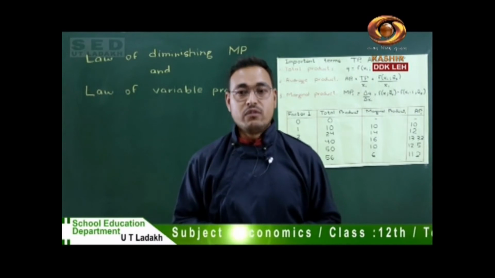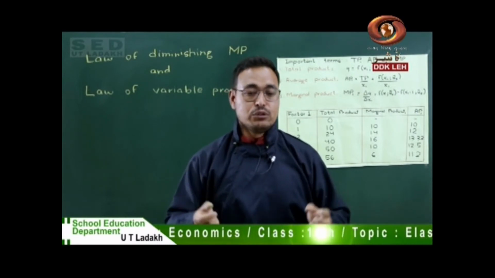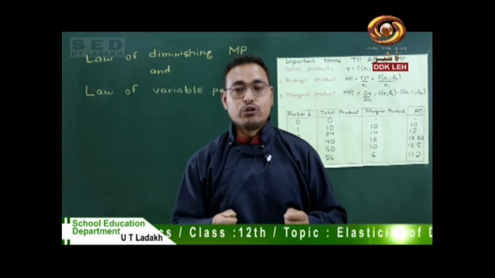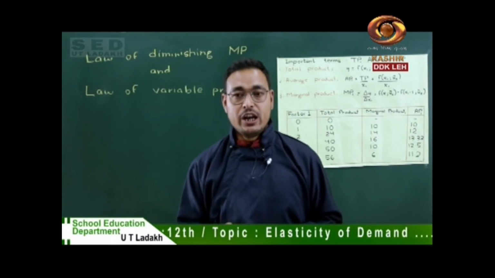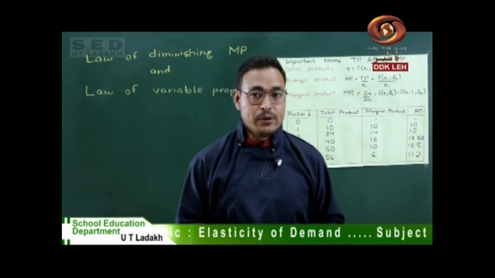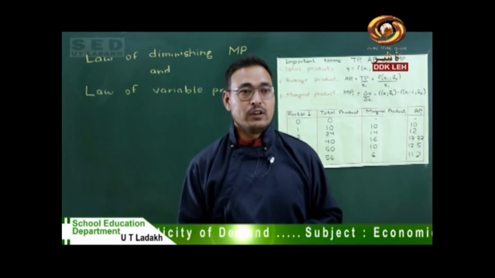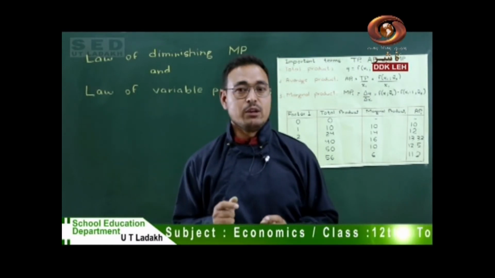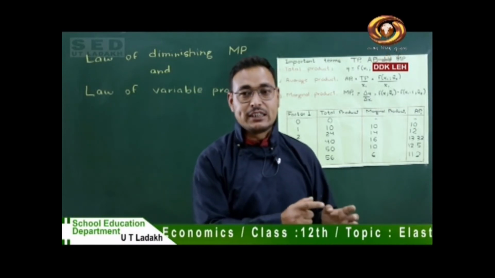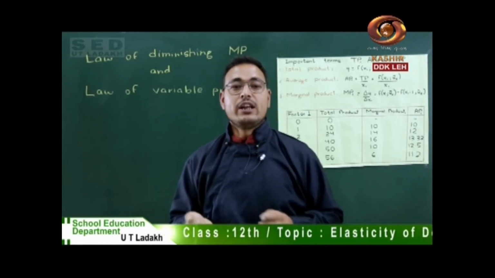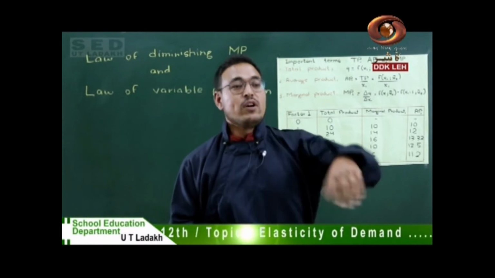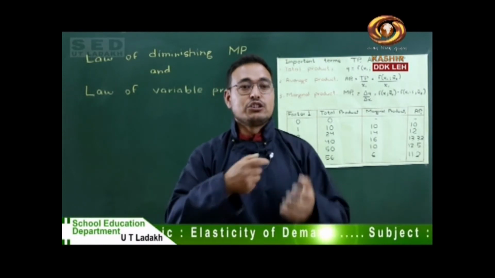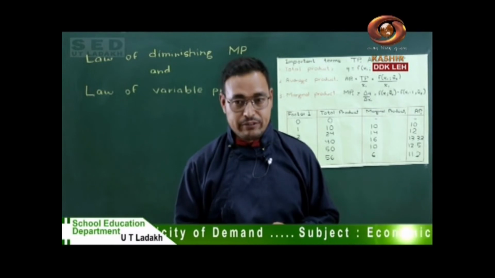So initially when you have one labor, he can easily, using a machine, produce something. Now when you have a second, additional unit of labor, there will be better coordination. A particular factor will be given the first task, and the second will be given the second task. Now when you have the third unit, again this coordination or specialization will increase.